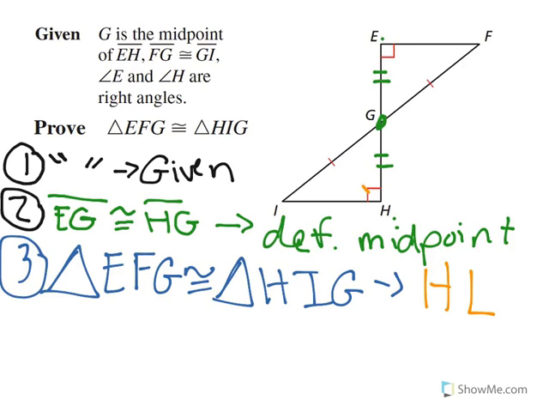So looking at these pictures, across from your right angle is your hypotenuse. So there's your other hypotenuse, and then this would be a leg, and up here would be a leg. So that would be why they are congruent by HL.